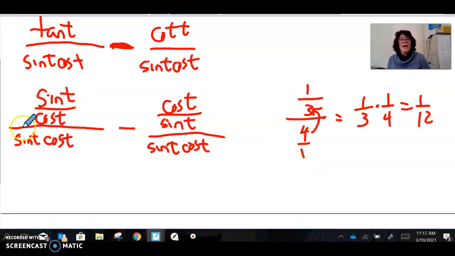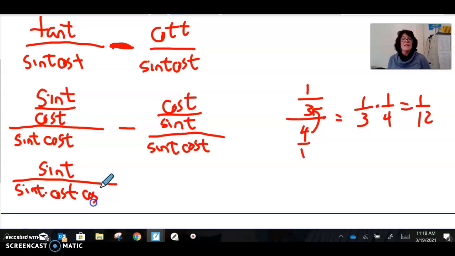So when I see this fraction divided by this, I can write that as sine t over all three of these multiplied together. Sine t, cosine t, cosine t. Same here. This denominator comes up into the other denominator when I multiply by 1 over that.